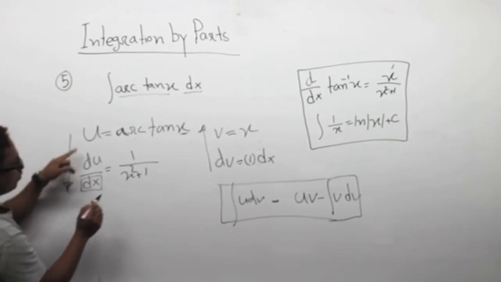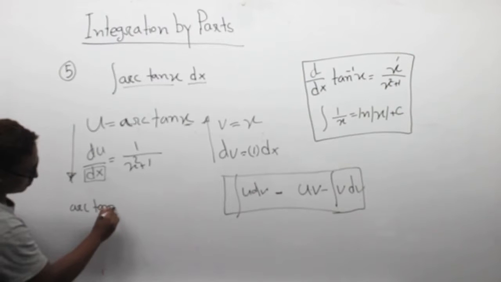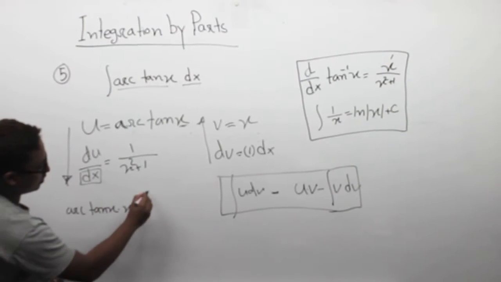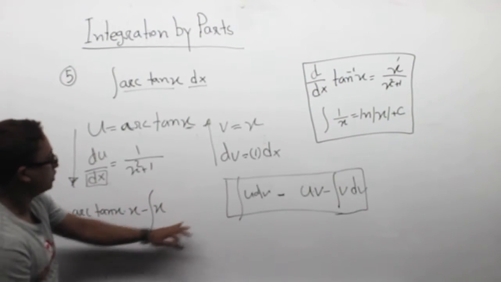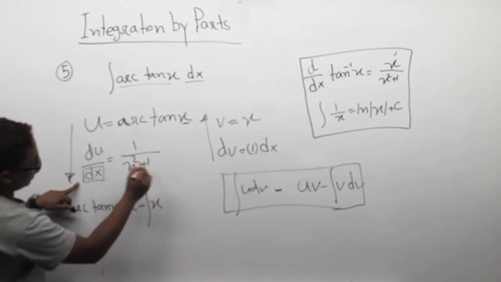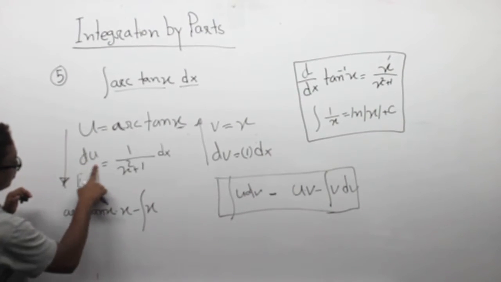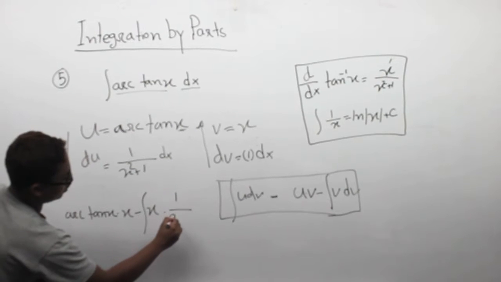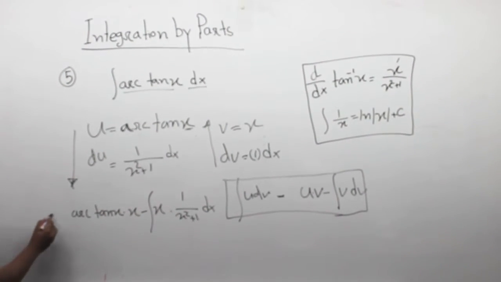So u is our arc tangent x, v is our x, minus integration of v, which is x, and du. Du is 1 over x square plus 1 dx. So here we get this one.